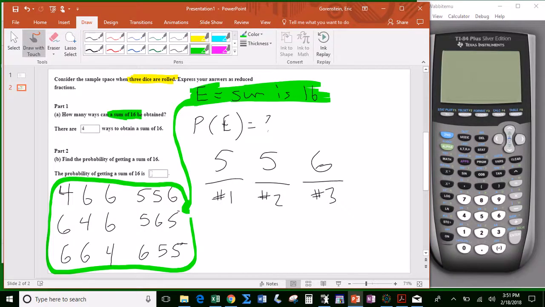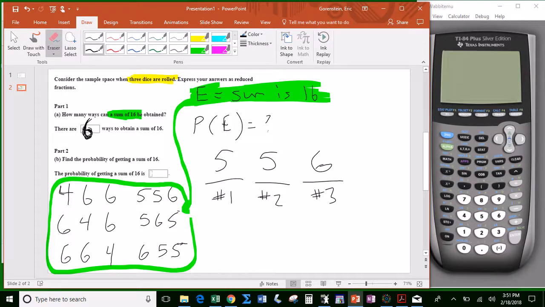If there are no 6s, if we have 3 5s, that doesn't give us enough. That's only 15. So it looks like these 6 options are the only way we could obtain a sum of 16. So our event could happen 6 different ways. So for part A, the answer would be 6.